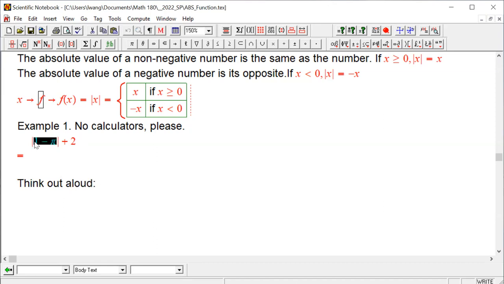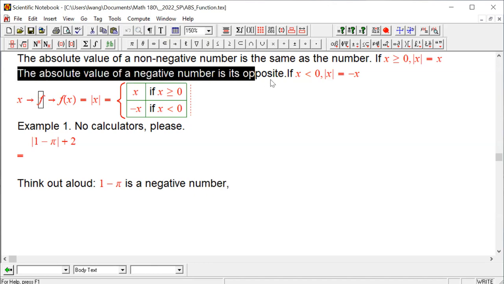First of all, we know that pi is a larger number in comparison with 1. So 1 minus pi is a negative number. And we also know that the absolute value of a negative number is its opposite.